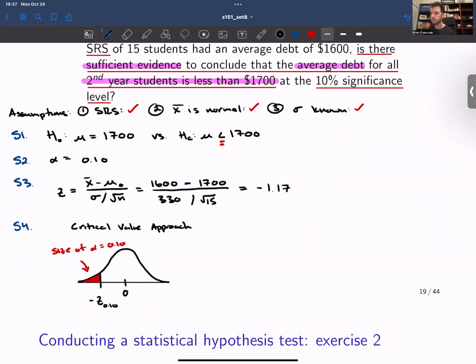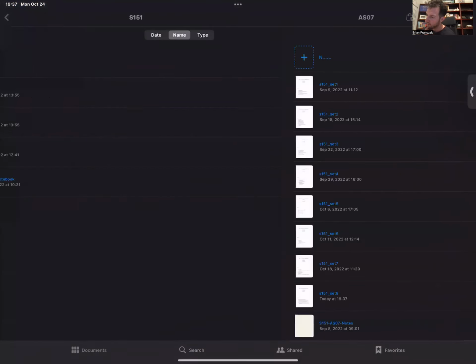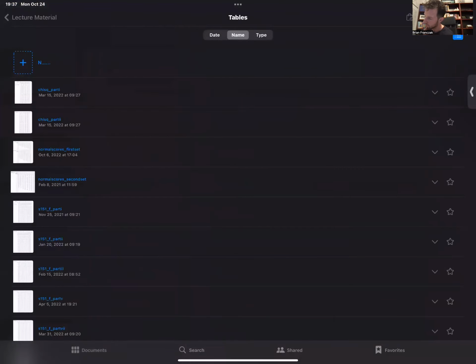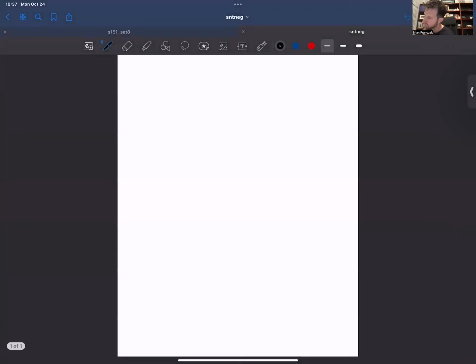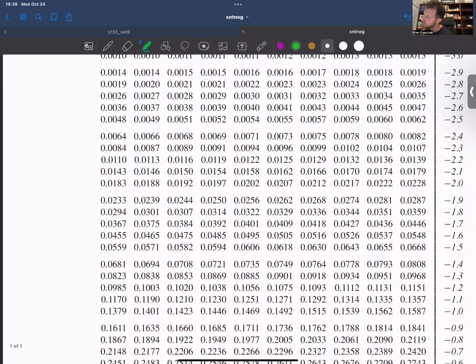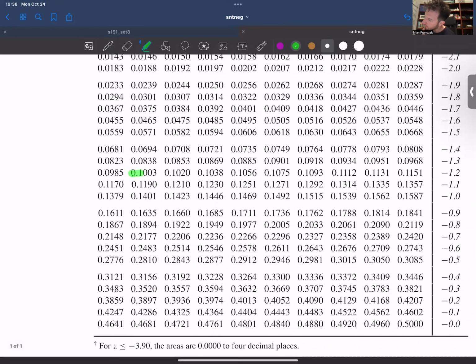Because it's a lower tail test, the easiest way is to go to the standard normal table and look up 0.1 directly. The closest I can get to 0.1 is 0.1003.